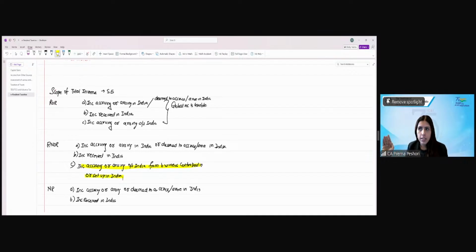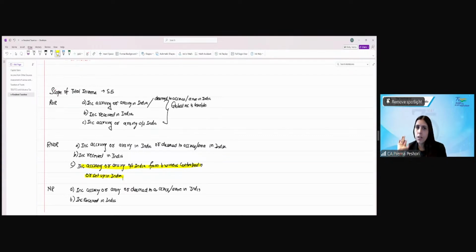If I'm a non-resident, India will not be able to tax my business income which I am earning from a business controlled in India. But if I am RNOR, India will be able to tax income accruing or arising outside India from a business controlled in or set up in India.